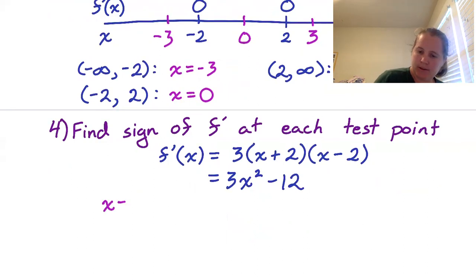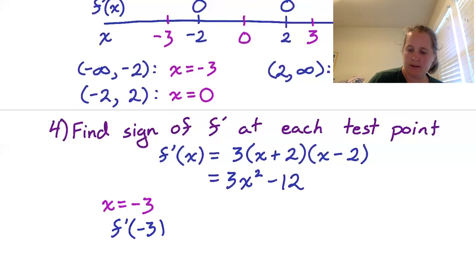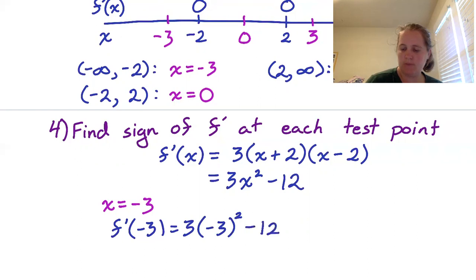So if we do x equals -3, option 1, we would do f prime of -3 is equal to 3 times -3 squared minus 12, which would be 27 minus 12, or 15. So this is positive.